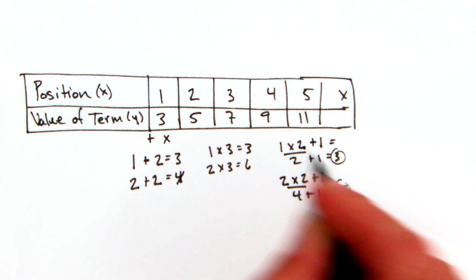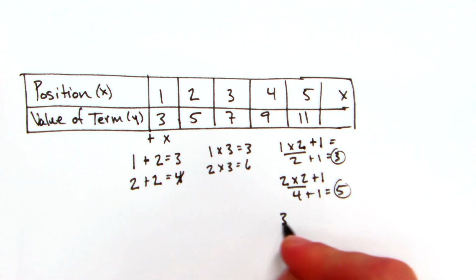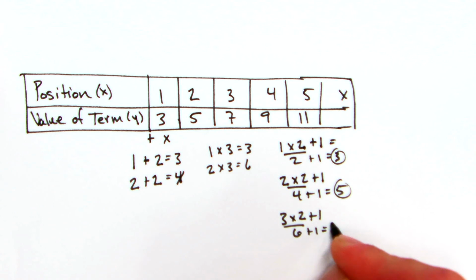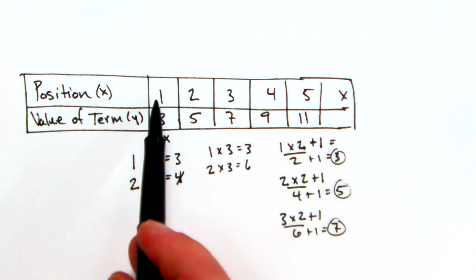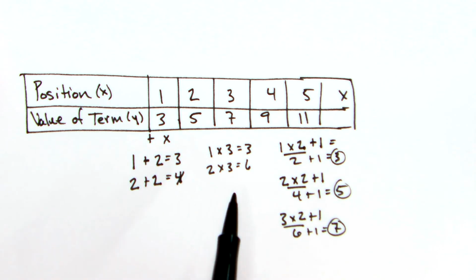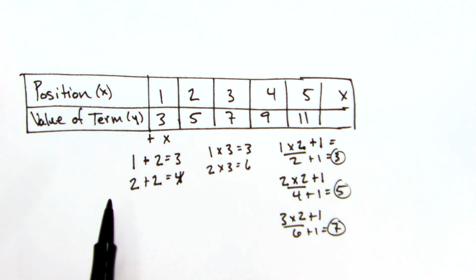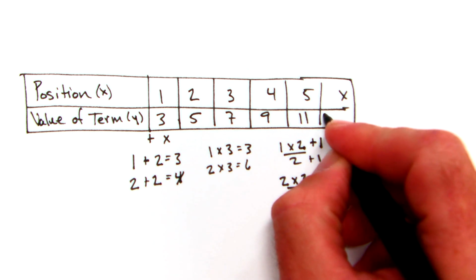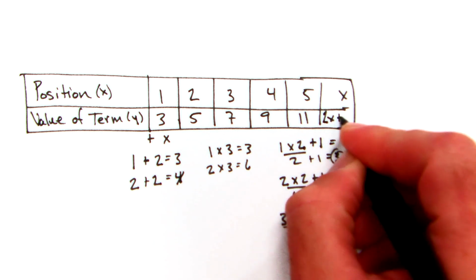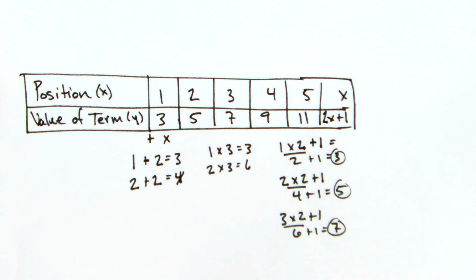So far, so good. 3 times 2 plus 1. Ooh, 3 for 3. Once I hit 3, I have a pattern. So it looks like I had to take my x number times 2 plus 1 to get my out number, or my y. So this would be 2x plus 1. Your x value times 2 plus 1.